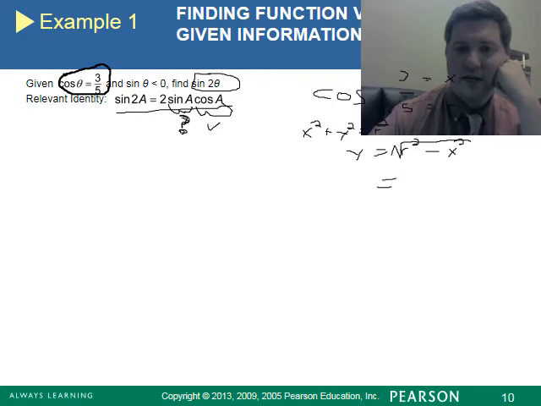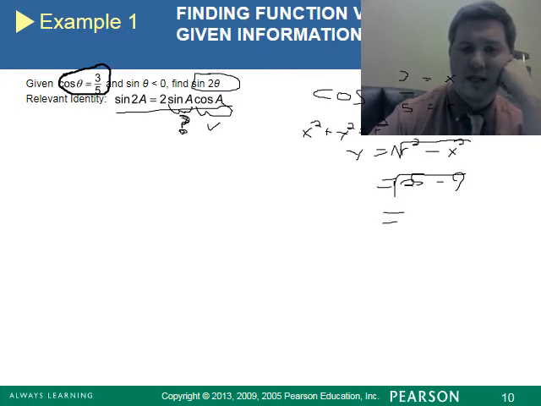So plugging in everything, r is 5, so we plug that in and get 25. x was 3, we plug that in and get 3 squared is 9. 25 minus 9 is 16. And we can take the square root of that and get 4.